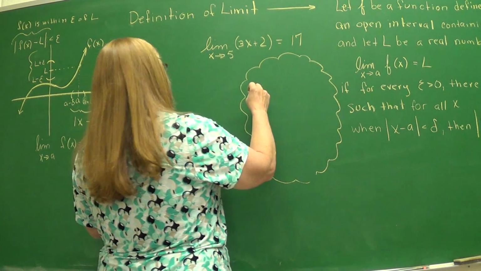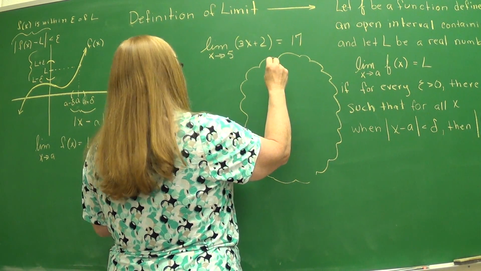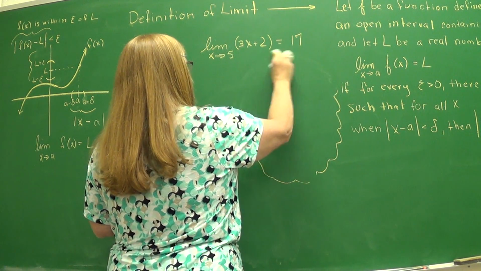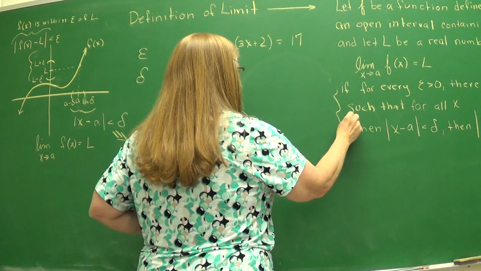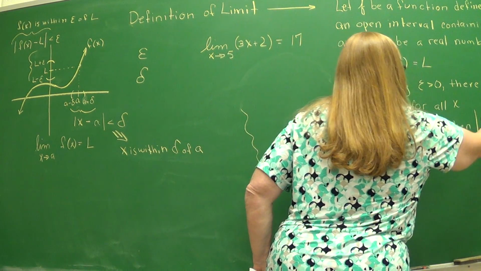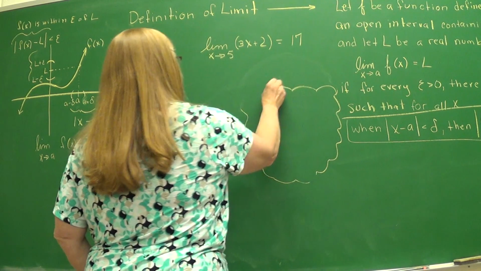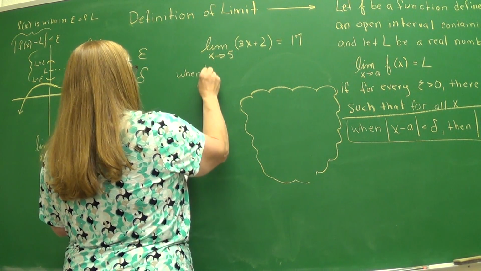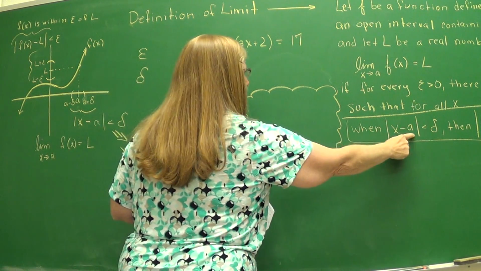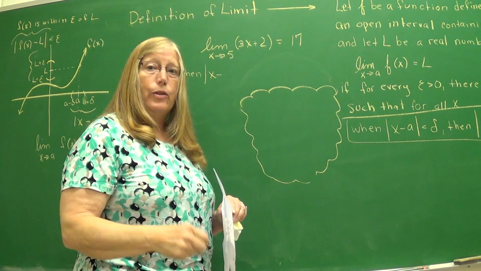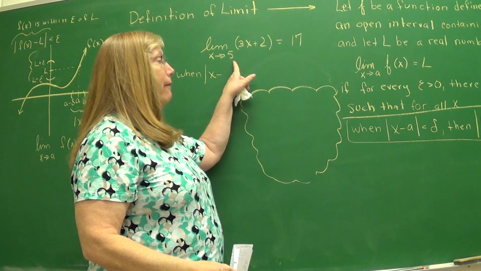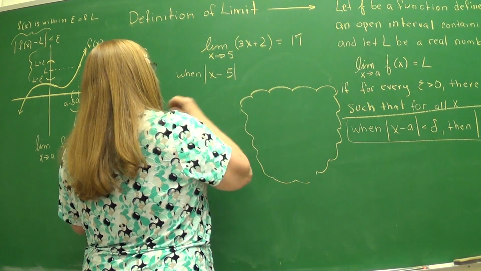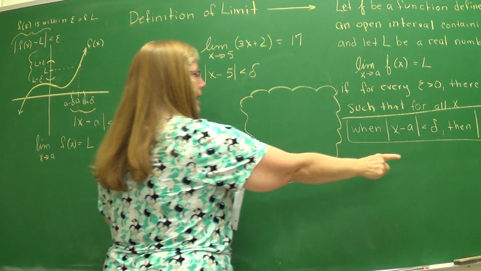I'm going to start on this side. So putting it in, here's what I have to prove. According to this definition, I'm going to restate this line in terms of this example. So when the absolute value of x minus, what's our a in this problem? We're approaching a, so it's right here, 5. Whatever we're approaching will show up there. When that is less than delta, see how I grabbed that?